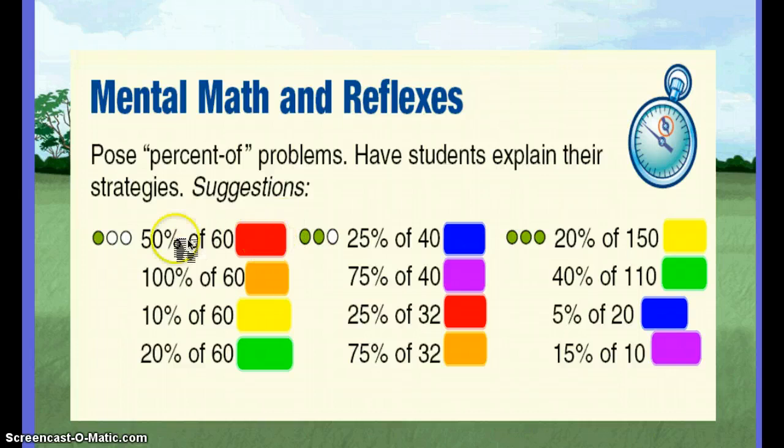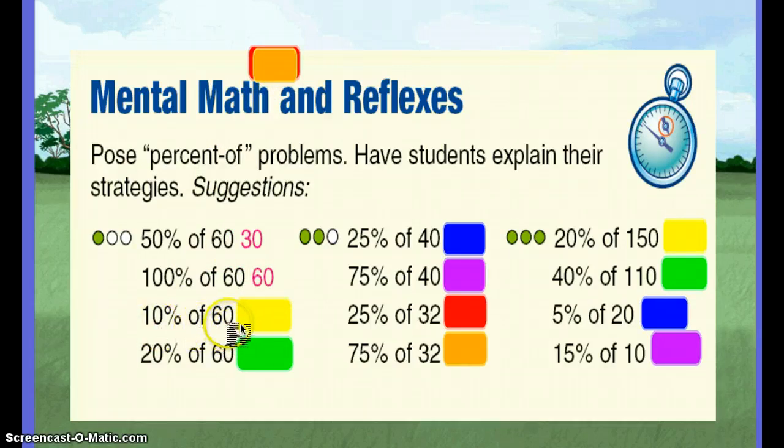50% of 60. Well, 50% is half, so half of 60 is 30. 100% of 60. Well, if you have 100% of 60, you have all of it, so you have 60. 10% of 60.